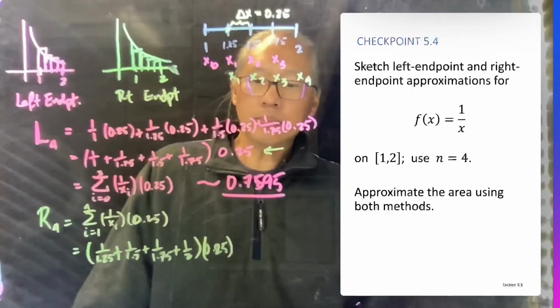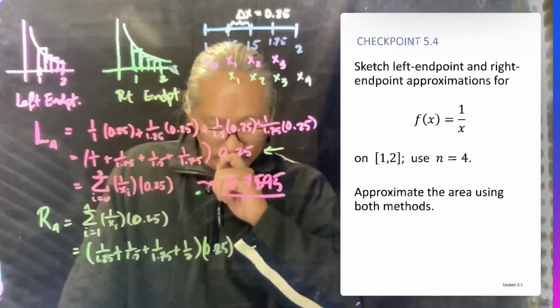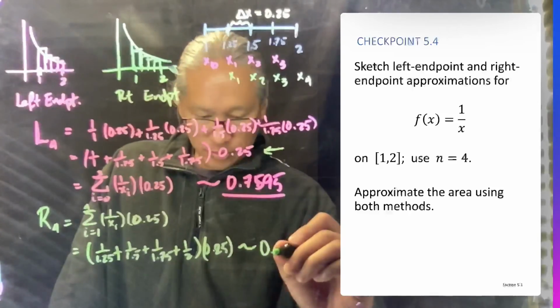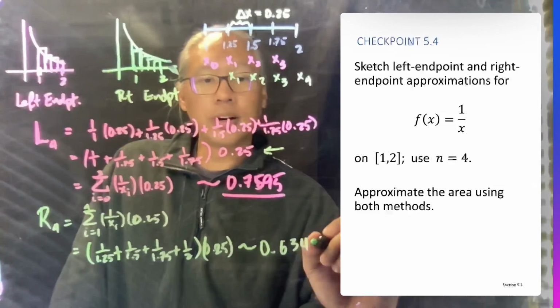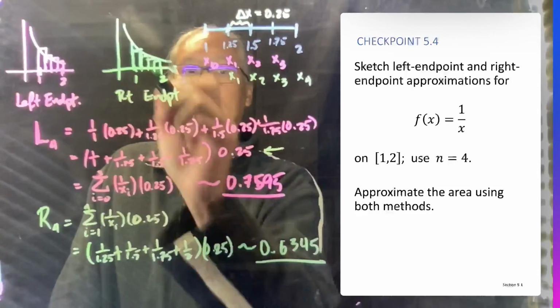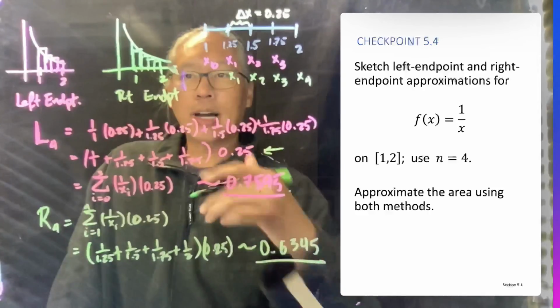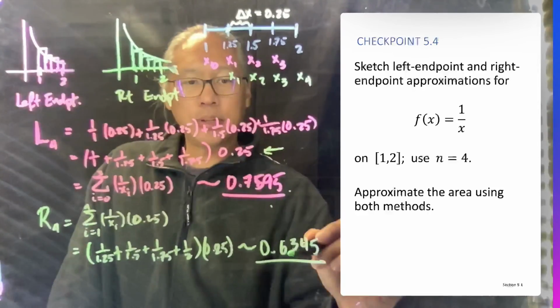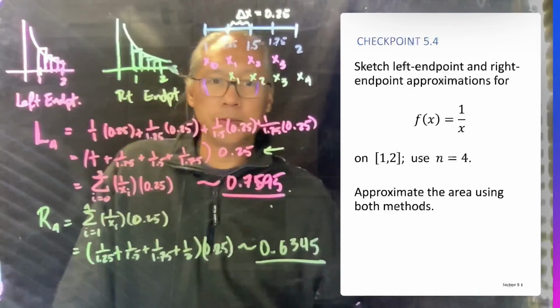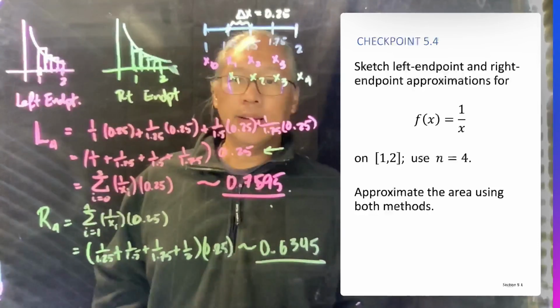Okay, and so that's it. Put it into your calculator and get a value, and our value is 0.6345, and it makes sense. This is less than the overestimate that we had, and so your actual value would probably be somewhere in between these two approximations. Okay. All right, I hope that helps.